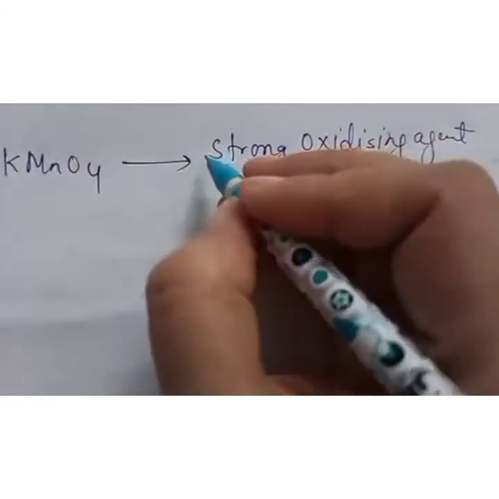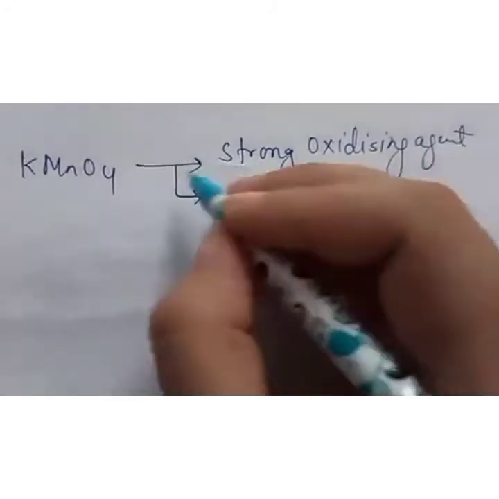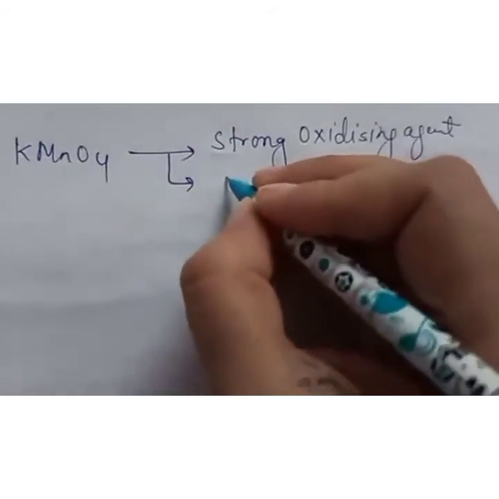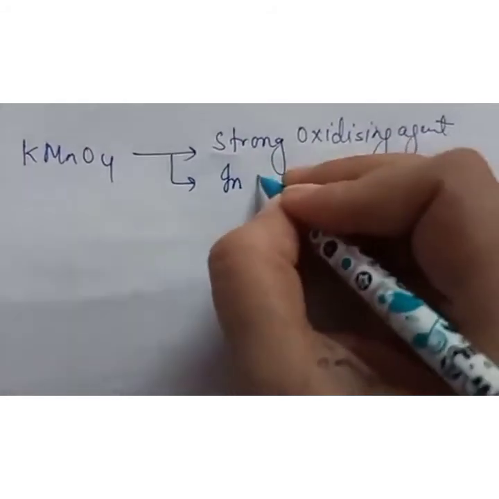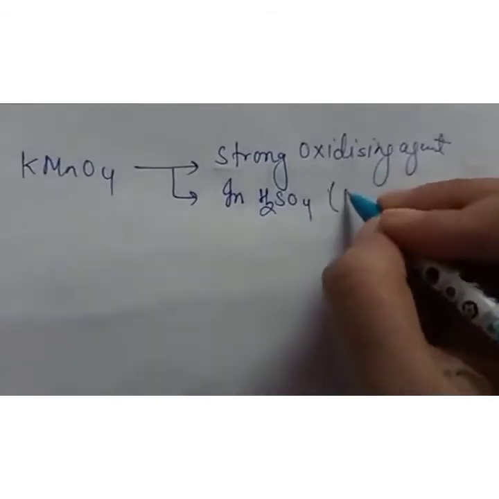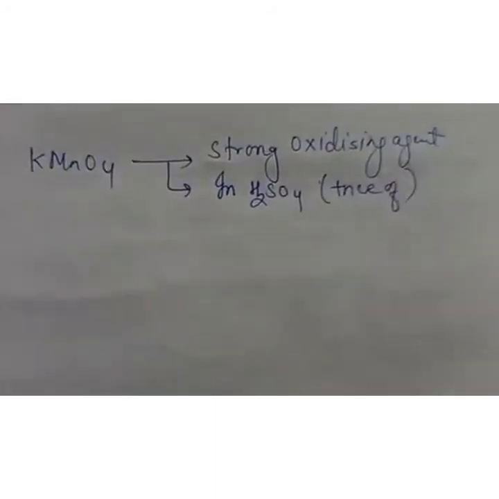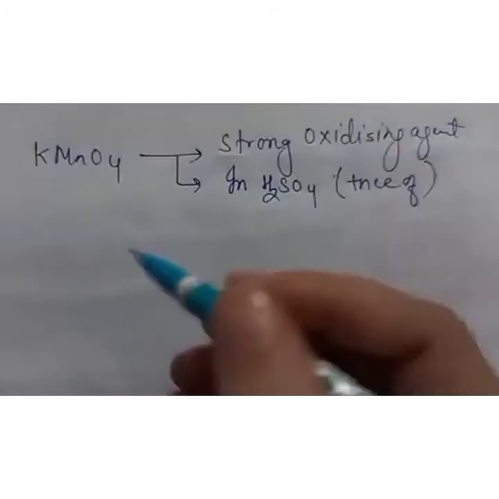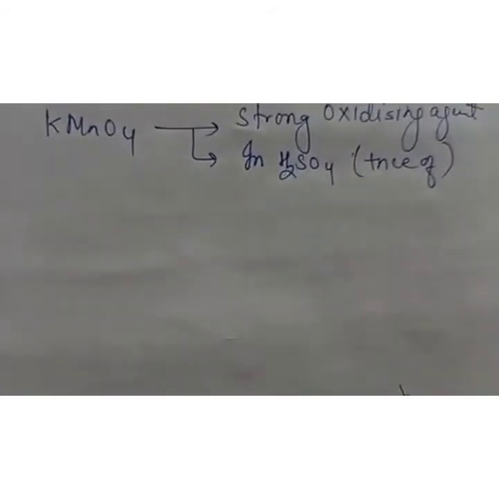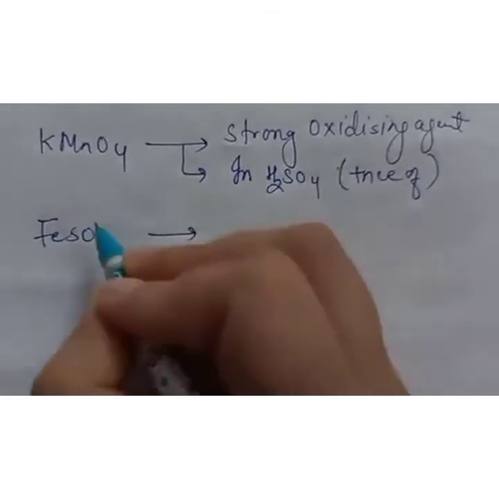KMnO4 acts as a strong oxidizing agent in the presence of H2SO4. So it means that KMnO4 is going to get reduced.